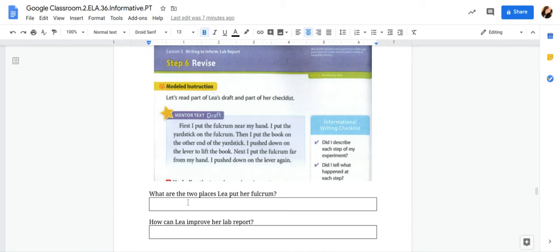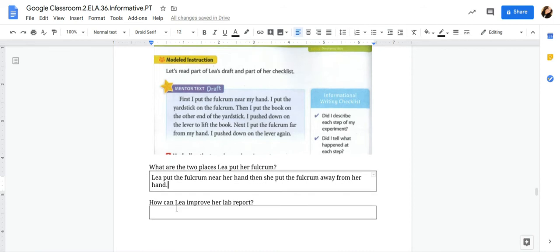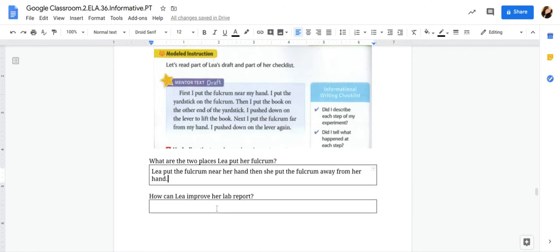She put them first near, then far away. So we know that one already. How can she improve her lab report?